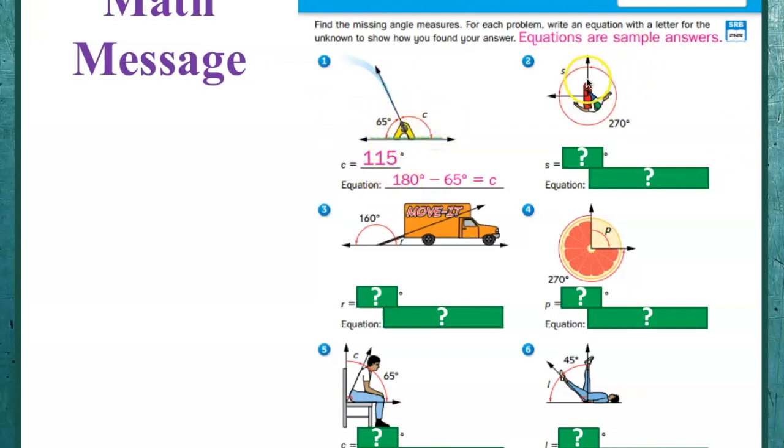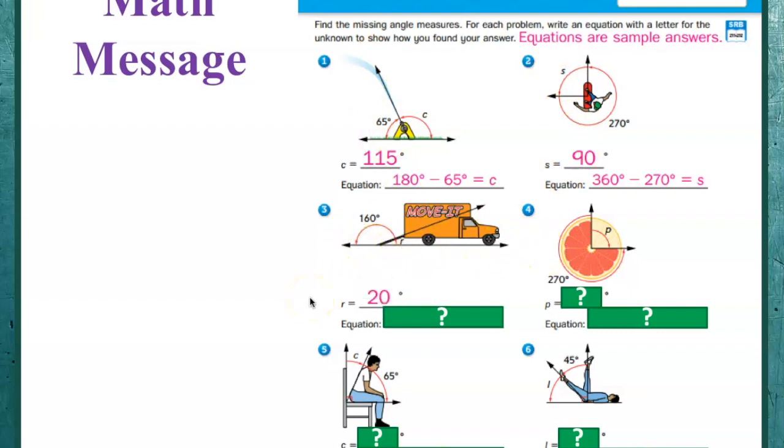Number two, we know that all the way around a circle is 360 degrees. So that means that we can use the equation 360 minus 270 to find the missing letter, which is 90 degrees.